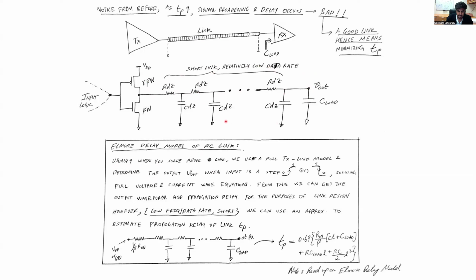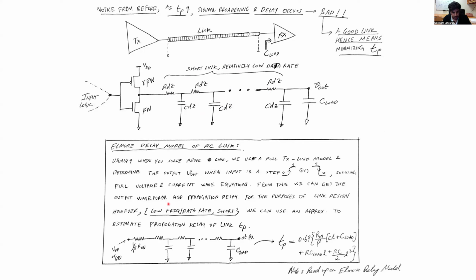Usually, in order to solve this, you have to solve the circuit, basically the lumped element KVL and KCL at each stage. And then if you do that, just similar to the transmission line model, you'll get some kind of a wave equation which has to be solved to get the output voltage and output current.